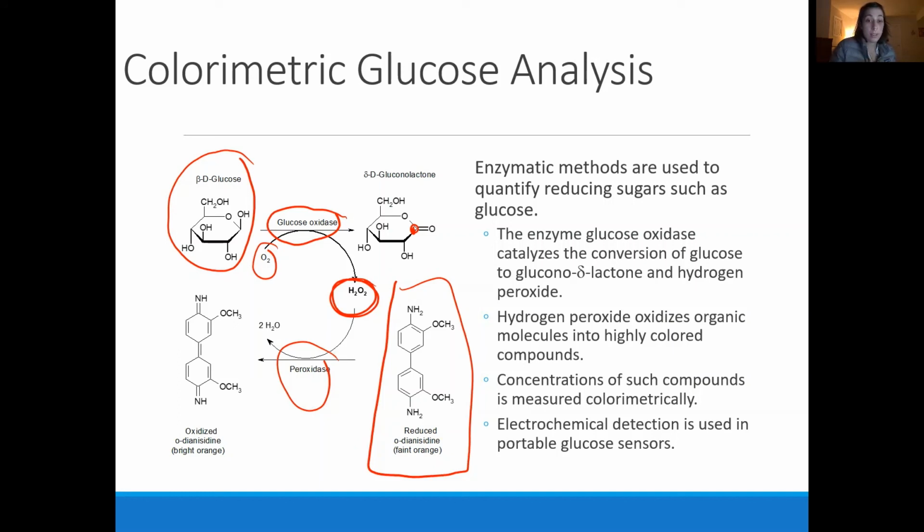And that quick electrical signal will be detected on the sensor, and that's how you can tell your glucose level for diabetics. So this type of dye reaction is usually used in a lab, for example, where we're not trying to quickly get some information in a small sensor and we have more equipment. You could use a dye instead.